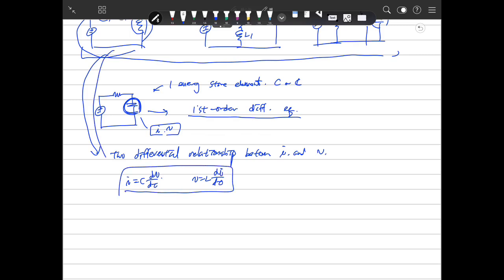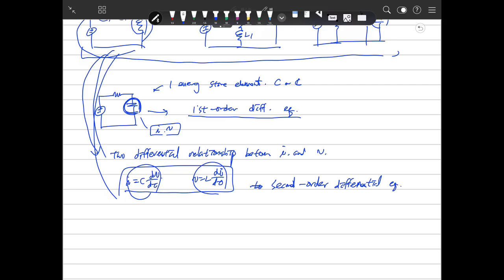Because this circuit contains two differential relationships, when you describe the voltage and current in this circuit, there are two second order differential equations.